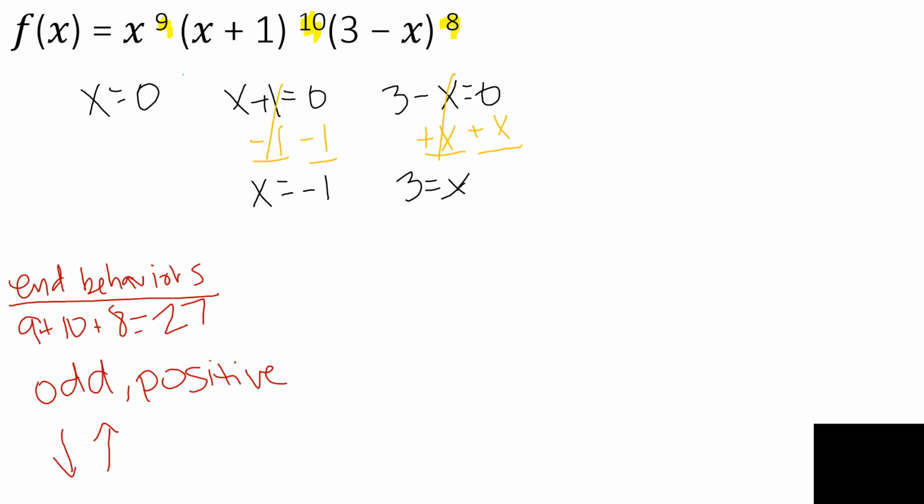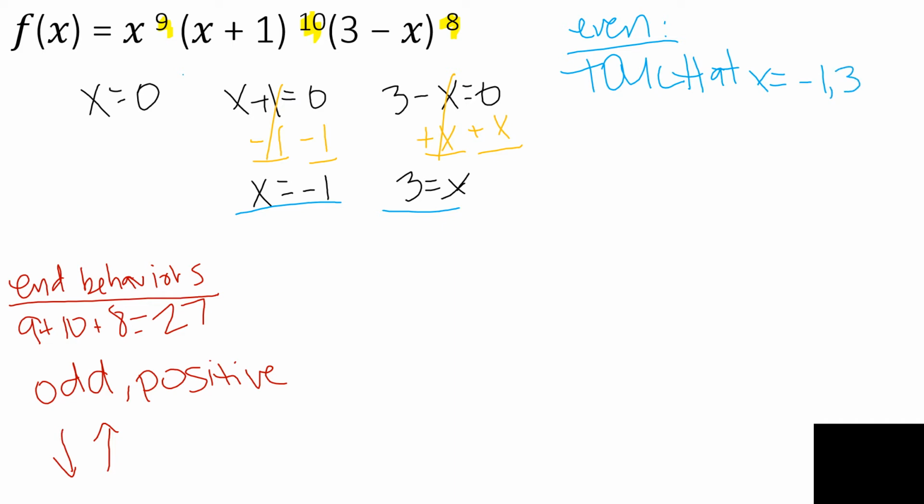So x plus 1 raised to the 10th, that is even. And then 3 minus x raised to the 8th, that is even. So even, we will touch at x equals -1 and 3.